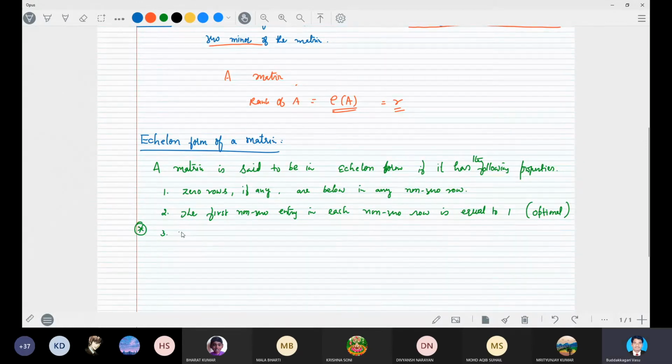That is the number of zeros before the first non-zero element in a row.